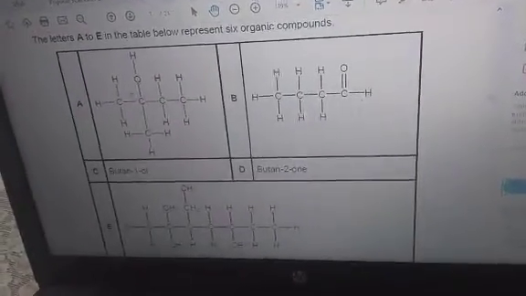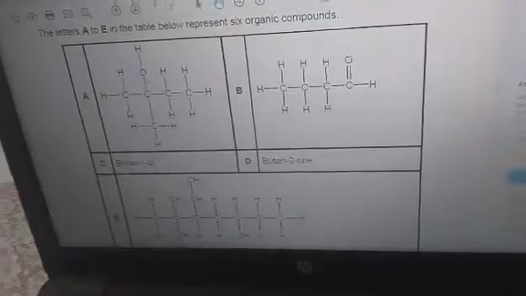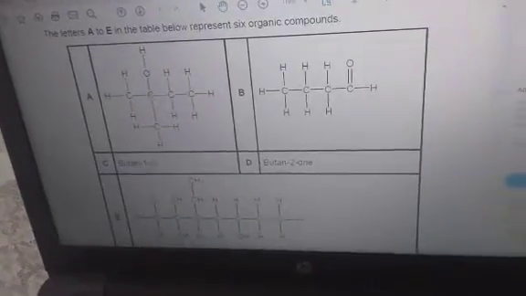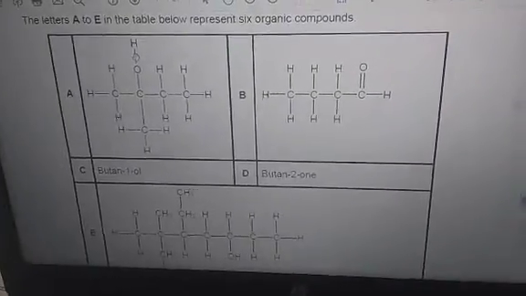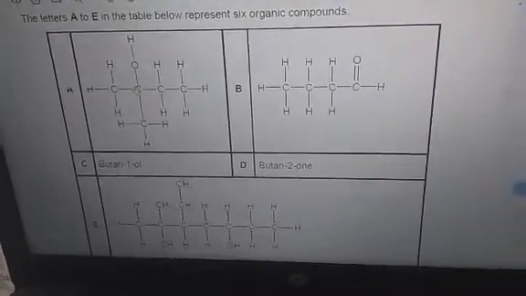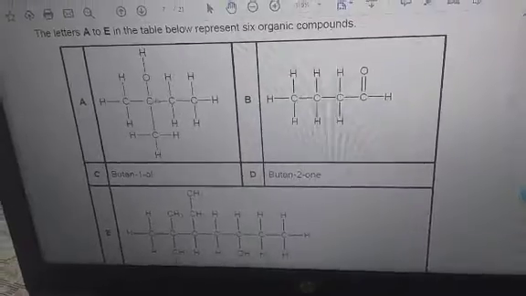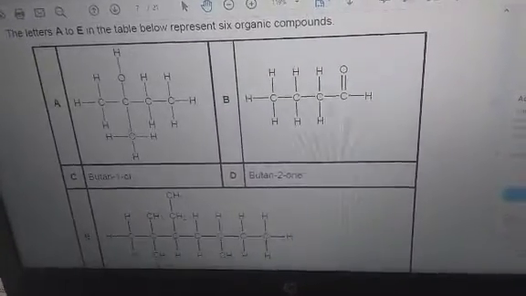Okay, it's this one. Why is it a tertiary alcohol? It's because the carbon that is bonded with that alcohol is also bonded with three carbons, being this one, and that one.